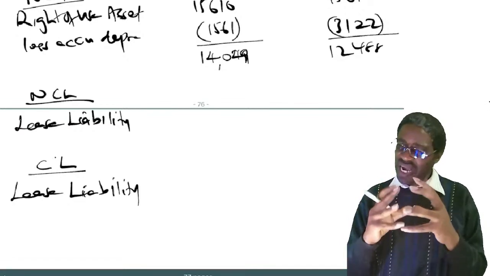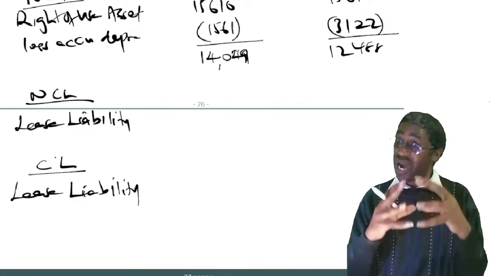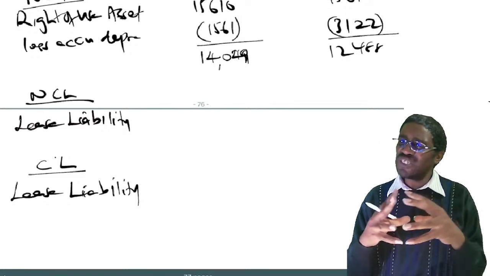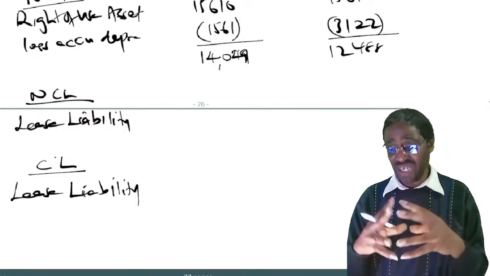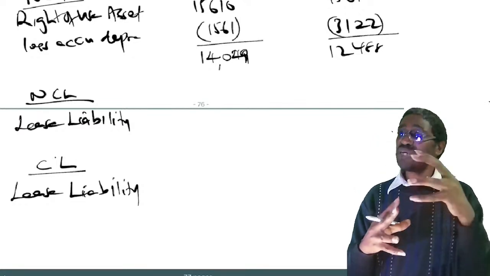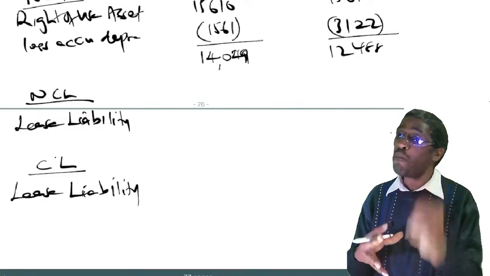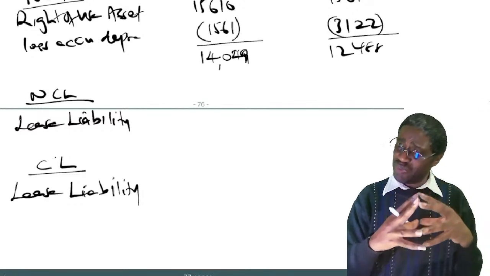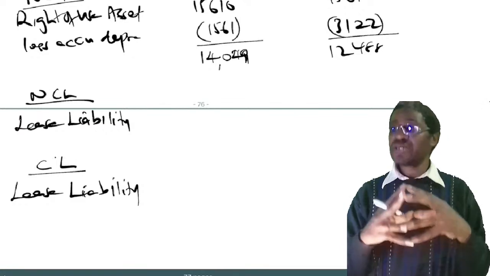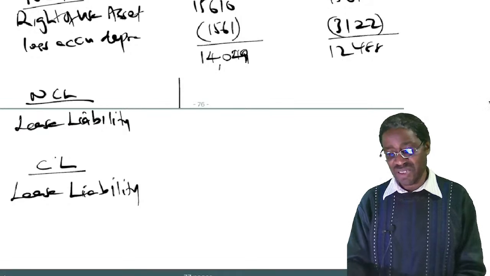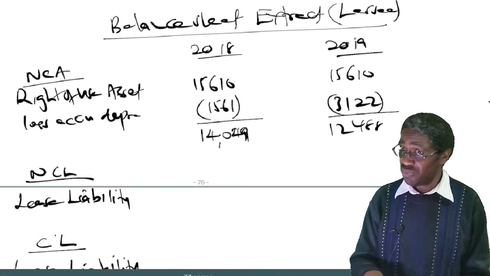The current liability amount is how much out of that amount will take you less than a year to pay. Whatever will take you less than a year to pay, that becomes the current liability component. Whatever will take you more than a year to pay out of that liability, that is what you consider as a long-term liability.